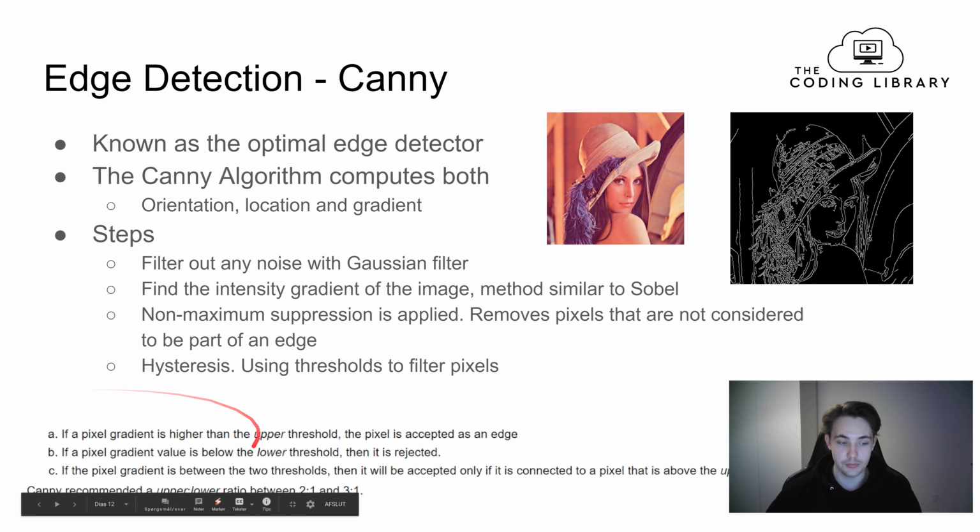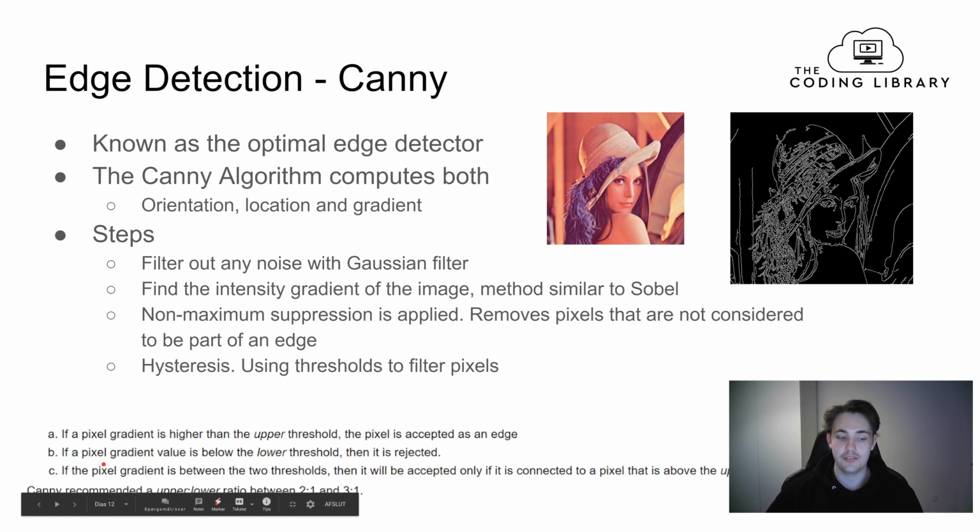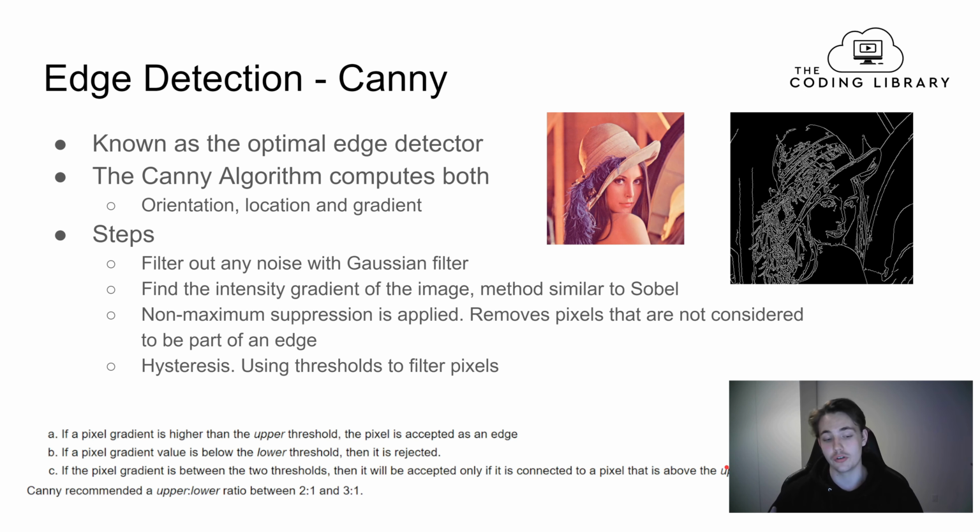So if a pixel gradient value is higher than the upper threshold, the pixel is accepted as an edge. If the value is below the lower threshold, then it's rejected. And if the pixel gradient is between the two thresholds, then it will be accepted only if it's connected to a pixel that is above the upper threshold. So this is where we look around at the neighbors when we're detecting the edges in the image.